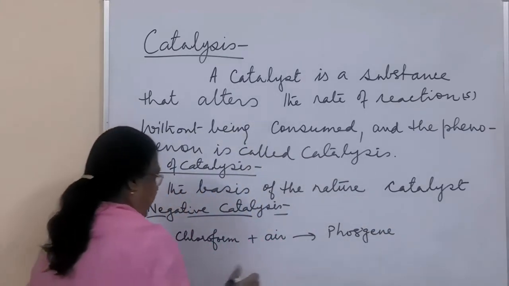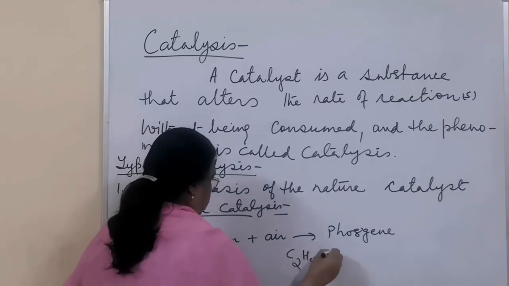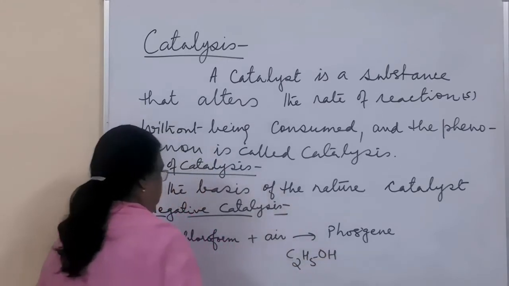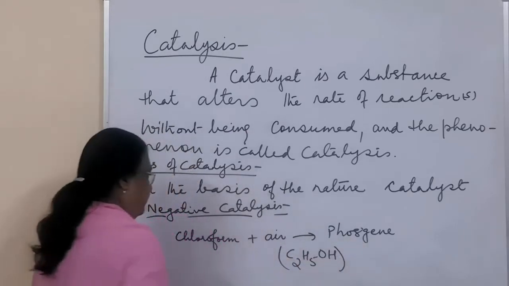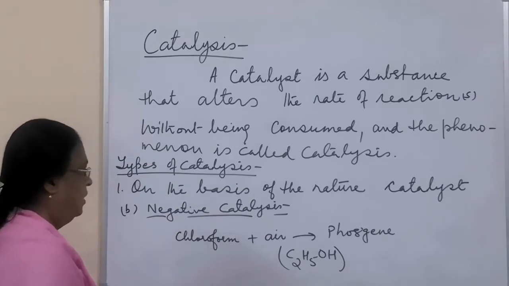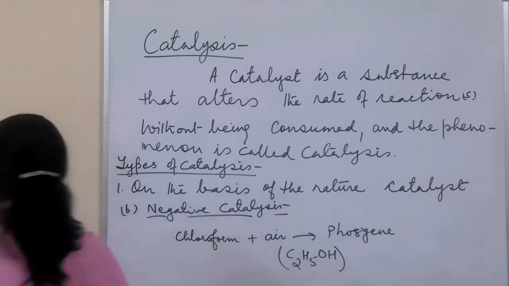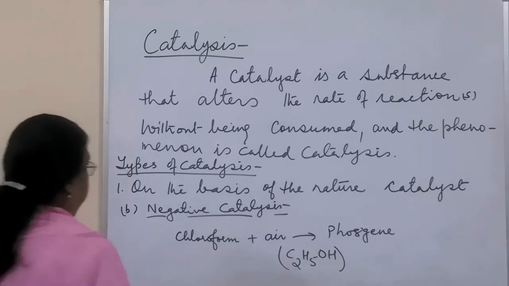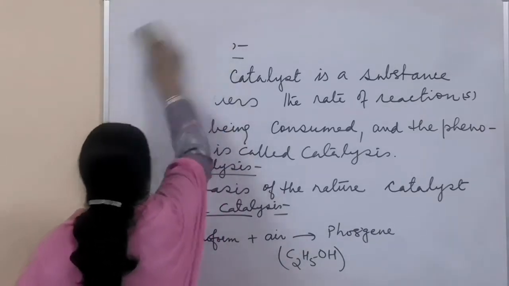If we add ethyl alcohol to it, ethyl alcohol stops the formation of phosgene, which is a poisonous compound. So here ethyl alcohol is being used as a negative catalyst, and so the phenomenon will be negative catalysis.